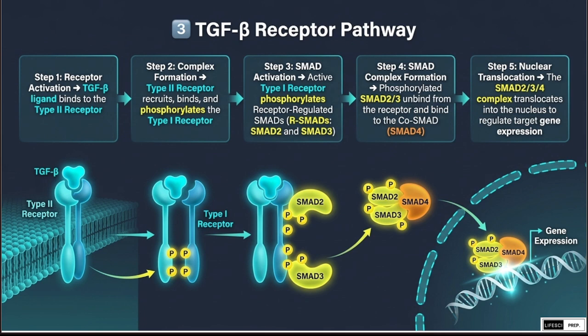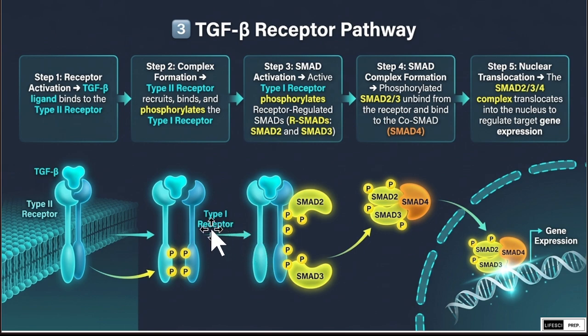So talk about next, that is TGF beta receptor pathway. Here the receptor is activated; how does the receptor activation occur? TGF beta binds to type 2 receptor, which then recruits the type 1 receptor and the cross phosphorylation occurs.